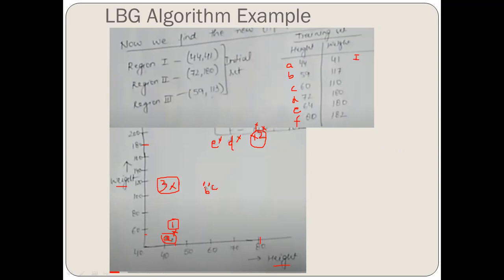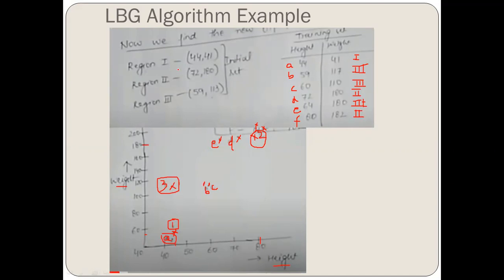For B and C, for both, it is region 3. So B is closest to region 3 because we are finding the closest match, right? For C also, it is region 3. Now for D, for E, for F, we have the closest region as 2. So the closest region is 2 for these 3, right? So we have found the closest regions. I hope you have understood how we are finding the closest region.